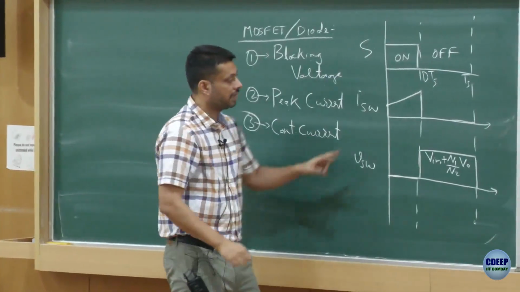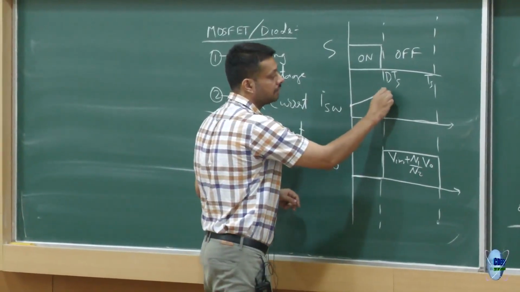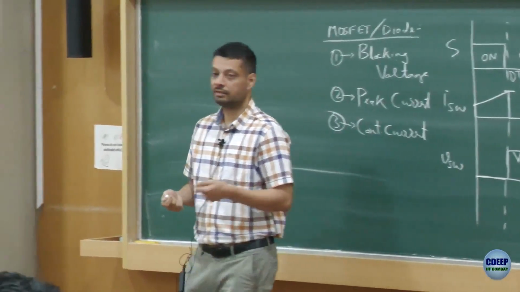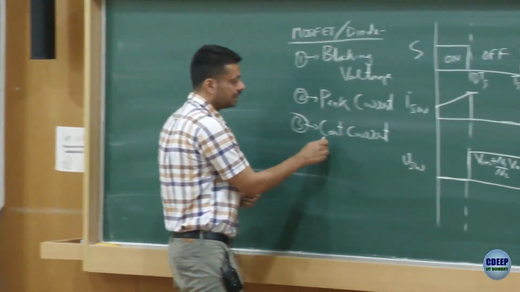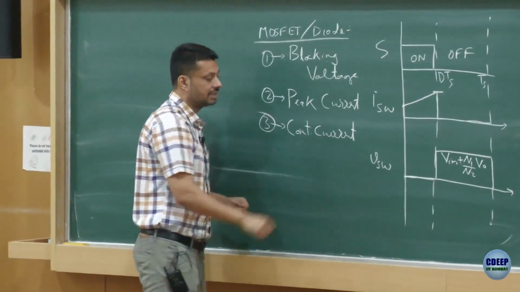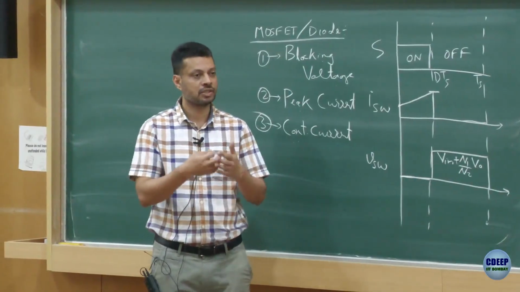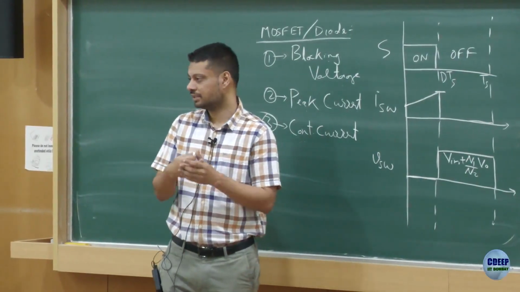Peak current: from here you understand the value of the peak current which this device would have to sustain while operating in this circuit. Third is what the data sheet calls continuous current, which means how much continuous current can flow through this device.